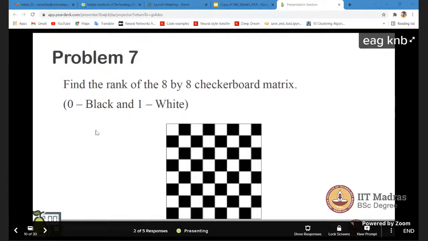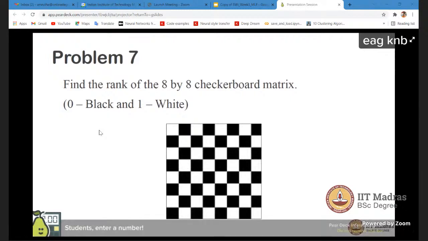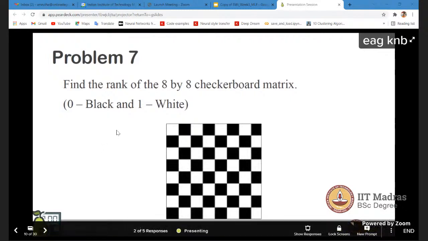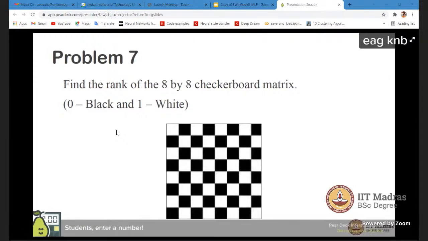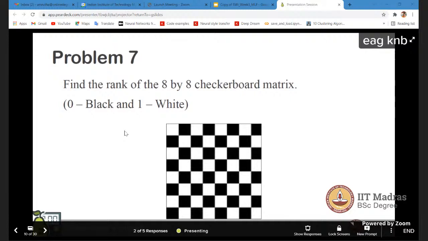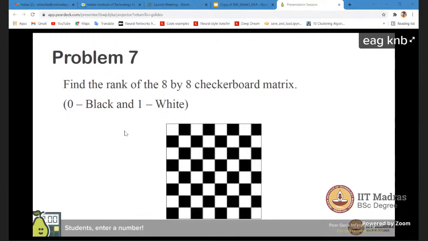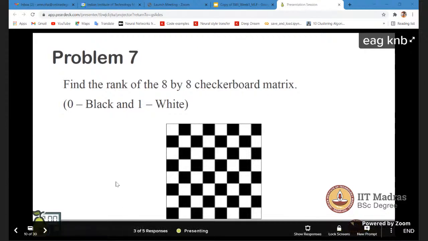You form a matrix using these zeros and ones and try to find the rank. We have got 3 responses. Let me wait for 1 more minute. Solve.